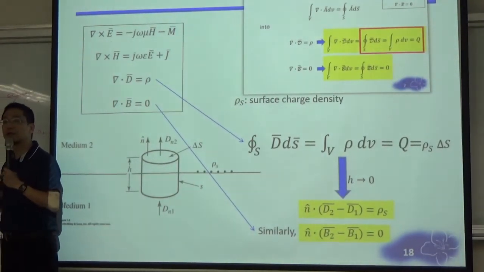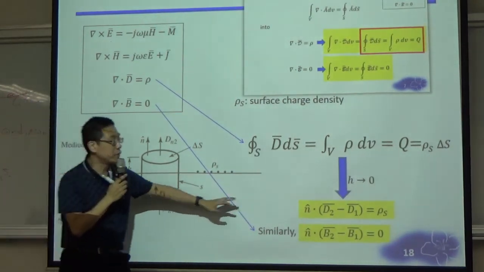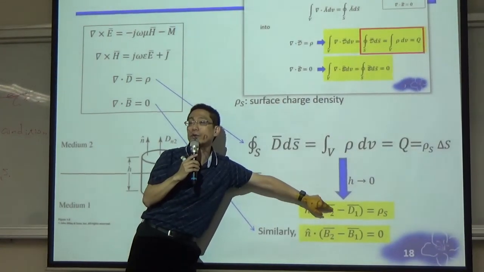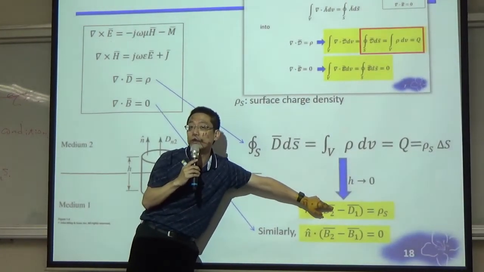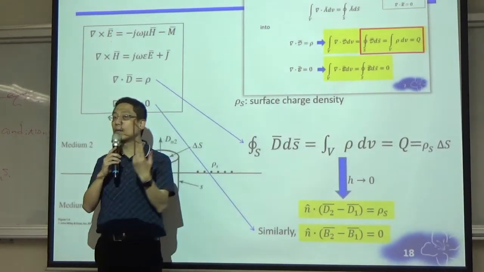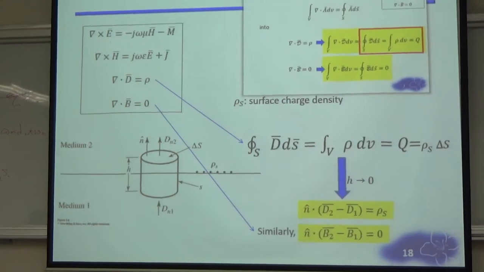Okay. So you obtain the relationship of your D field, which is related to your E field, according to the different material. So you know what happened on this boundary for a D field. Okay? Question?